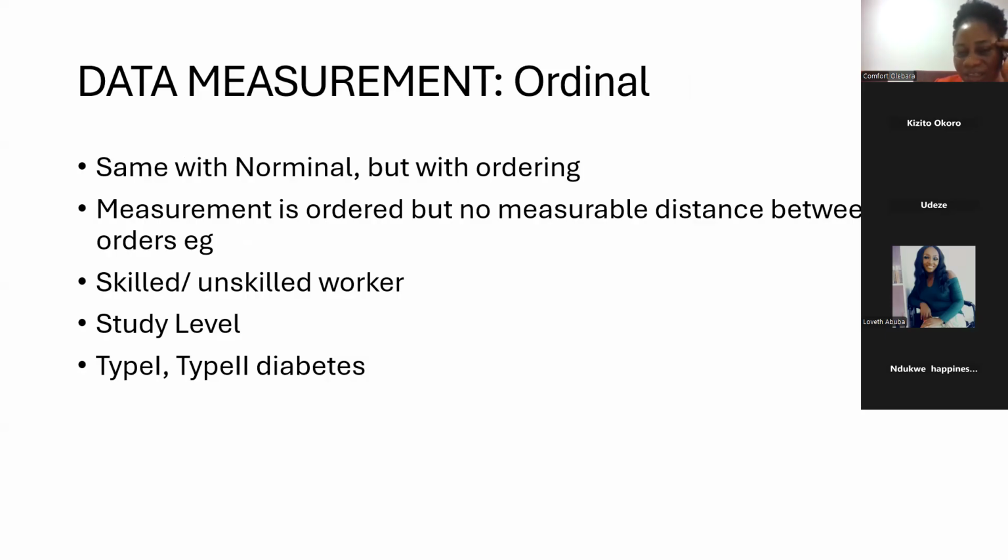If I now say enter your level, and I give them options: 100 level, 200 level, 300 level, 400 level, that is ordinal. With male and female you cannot say this one is higher than that, but if I say 200 level and 100 level, you can automatically determine that this is higher than this. I hope you understand that.